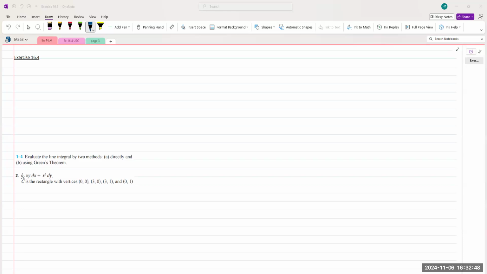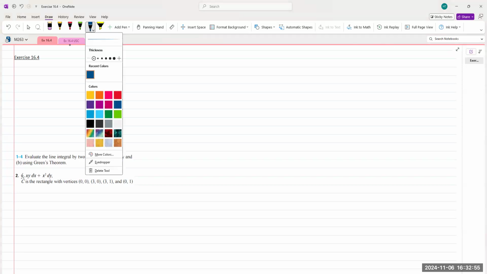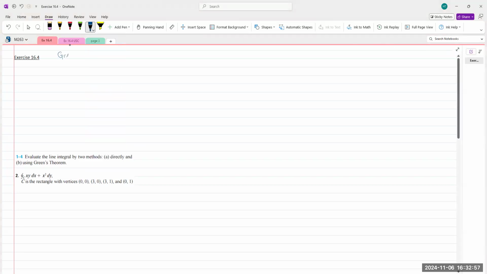Today we will work on some problems from section 16.4. That's on Green's theorem. Let's review a little bit what Green's theorem is.